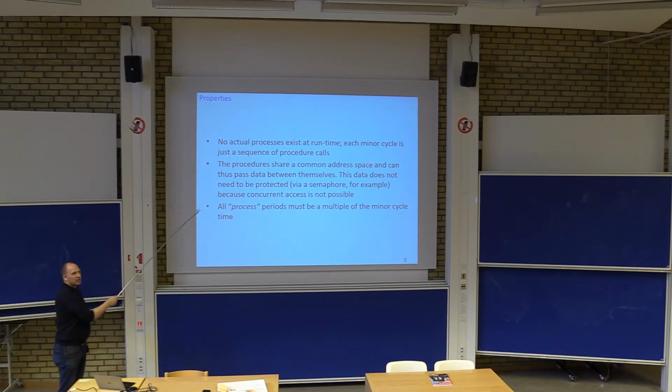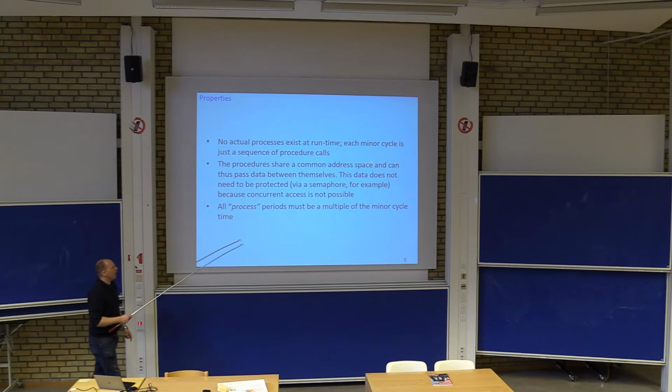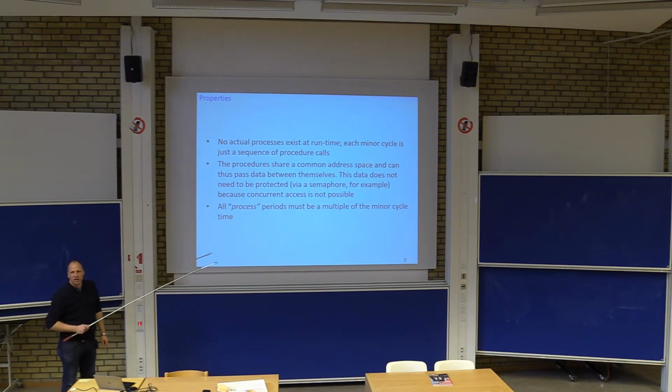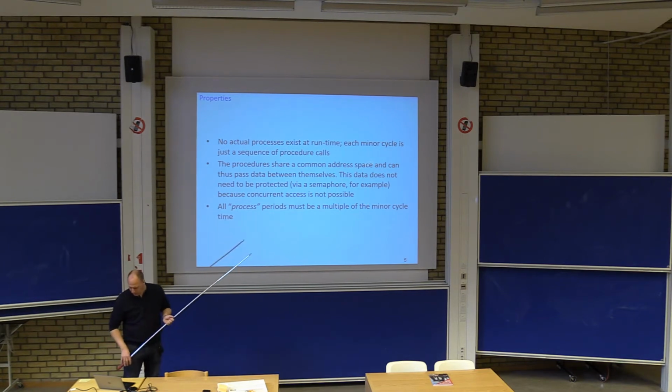But the drawback is that all the processes or tasks need to be known beforehand, and the periods of the tasks must be multiples of the minor cycle time. In this case, the minor cycle time was 25 milliseconds, and all the other periods that we had were multiples of that.